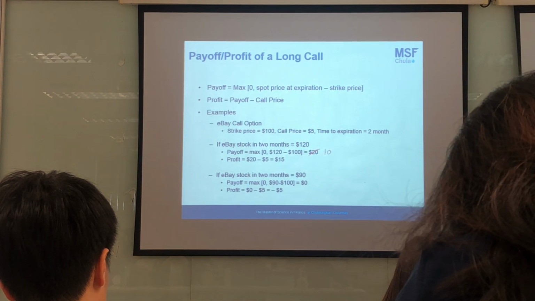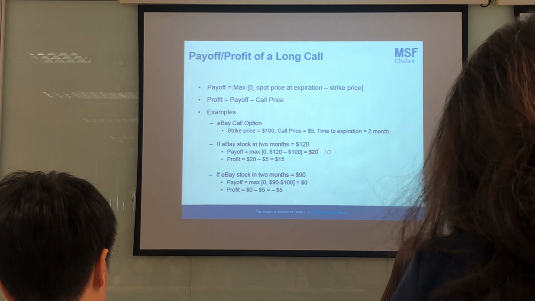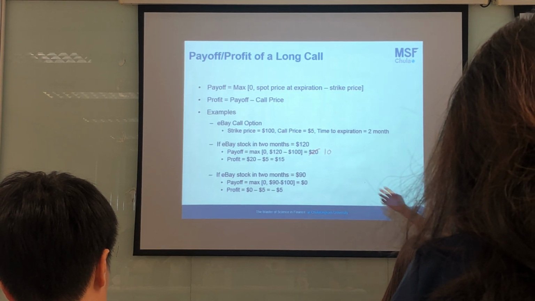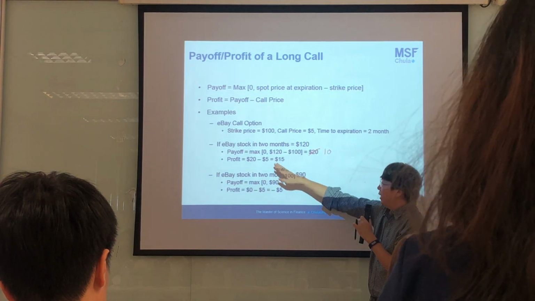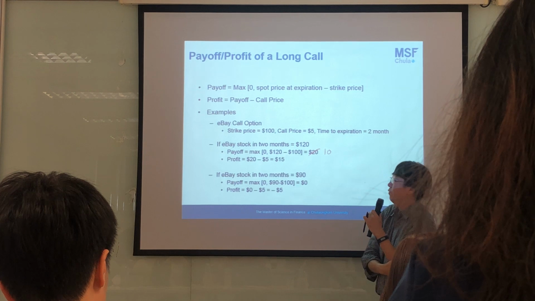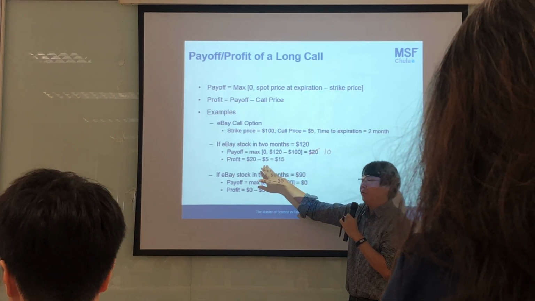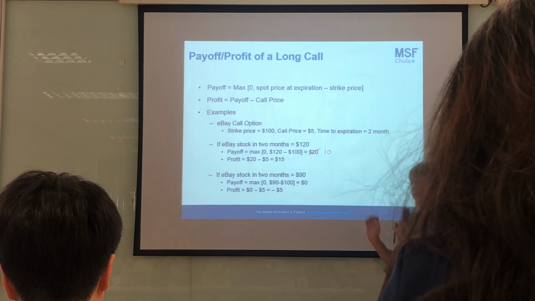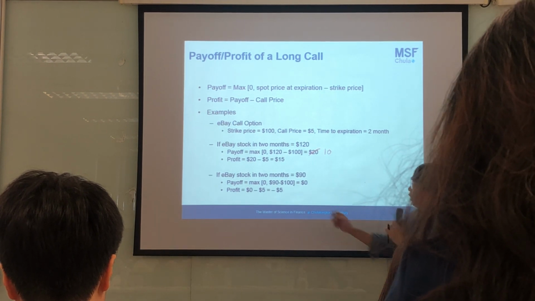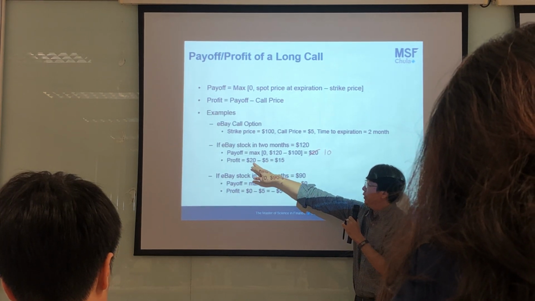And the net profit for the option holder will be equal to 20 minus the cost of buying this at the beginning, $5, so the net profit is 15. If we ignore the time value of money here, because actually we paid this 2 months ago and then we get the profit today.